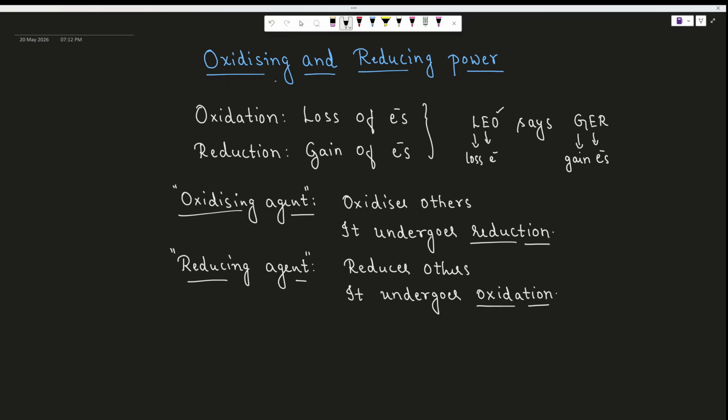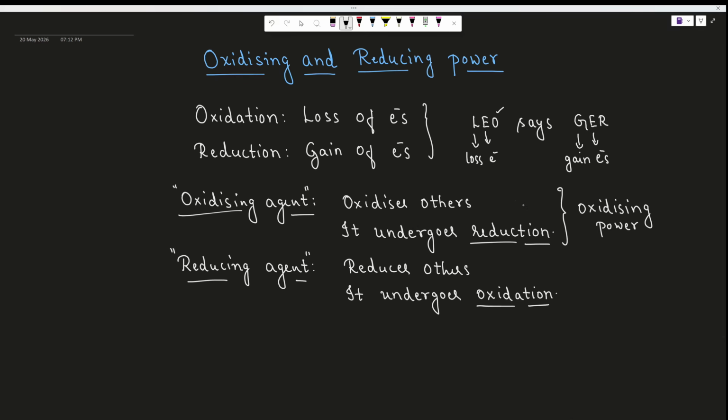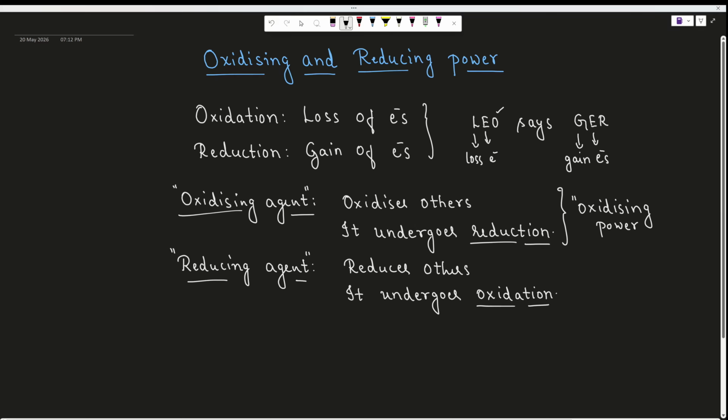Now when I talk about oxidizing and reducing power, oxidizing power is of the oxidizing agent itself. Oxidizing power means the power of this particular oxidizing agent to oxidize others. Whenever the term oxidizing power comes, you should know that the element undergoes reduction.